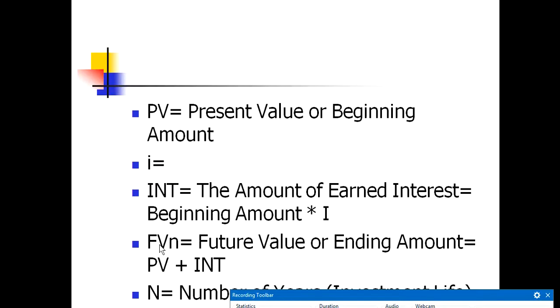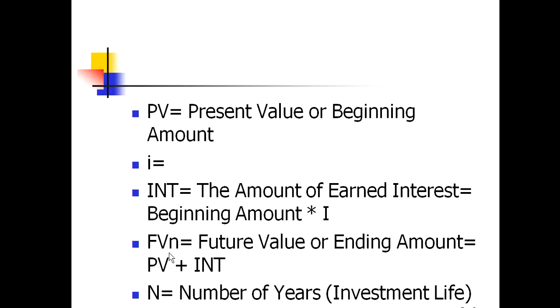Here the FV relates to the future value, and the N is the number of years. The future value can be calculated by adding the amount of interest to the beginning amount, which is present value, and the N refers to the number of years or the life of your investment.